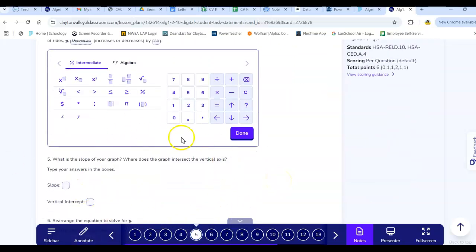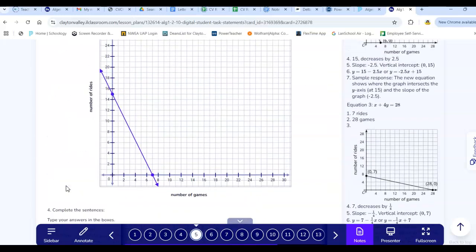Now they're asking you things like, what is the slope of your graph? And the slope of your graph is the rise of the graph. So how it goes up or down. You can see this graph is going down. So it's how much it goes down and how much it goes to the right.